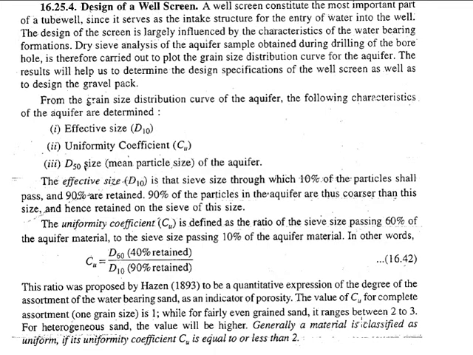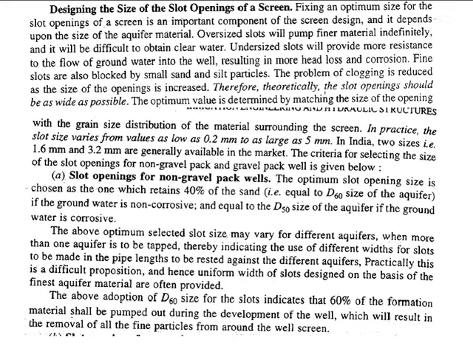So by looking at the values of Cu from our graphical analysis, we can say what type of soil it is, whether it is a clay soil, or whether it is a uniform or non-uniform soil. Depending upon that we will provide the size of the opening in order to restrict the entry of the particles into the bore wells. So there must be a proper size of the slot openings of the screen.